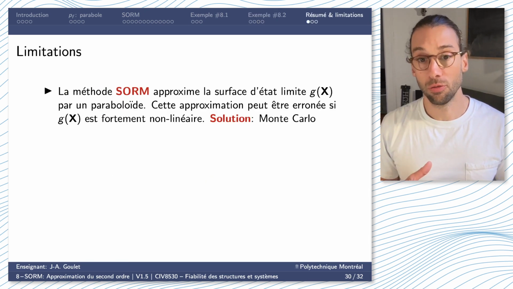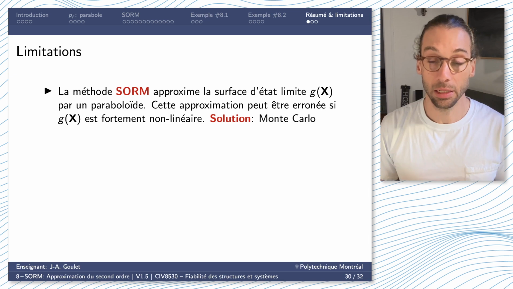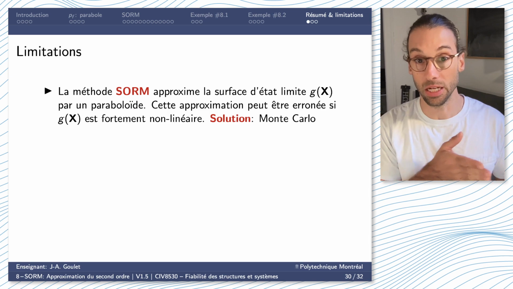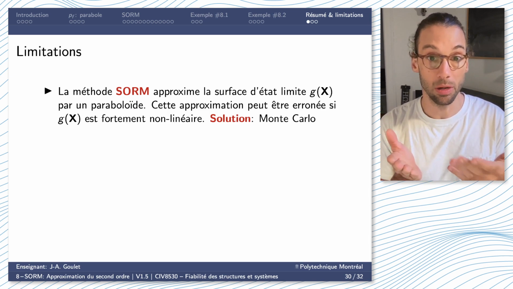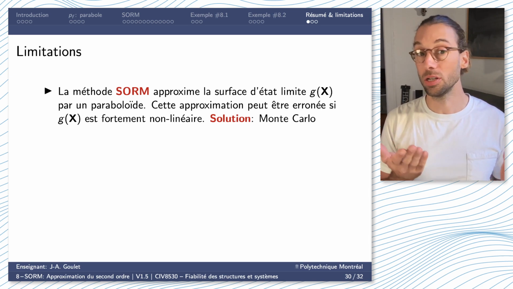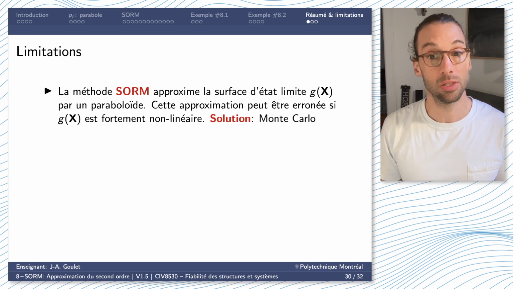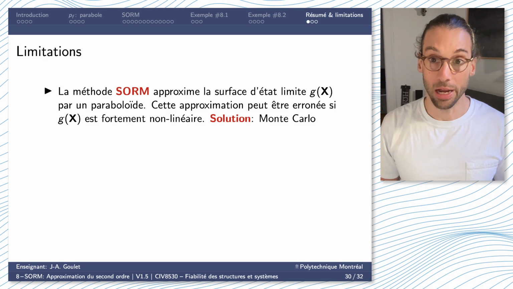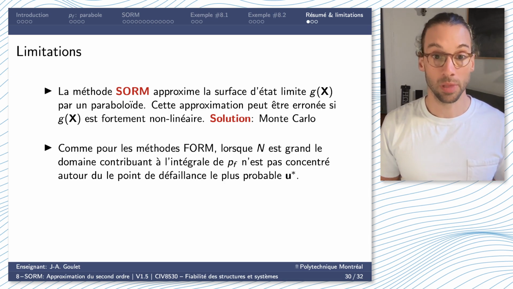So the limitation of SORM is that now our limit state function is approximated by a parabola instead of a plane. This is great, this is better. But still, if g of x is more complex than a quadratic function, we're still going to have a limitation with SORM. So we can, in this case, again, rely on Monte Carlo simulations.